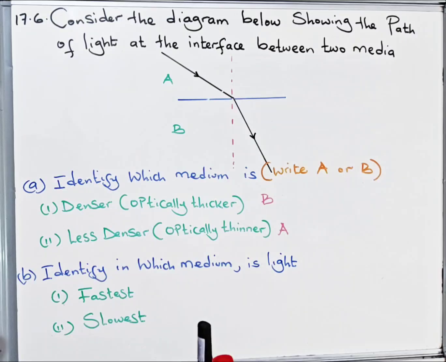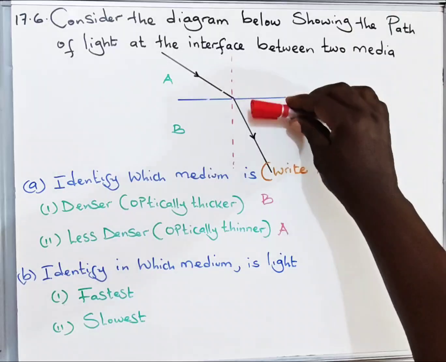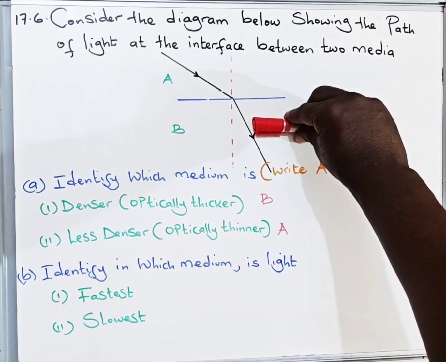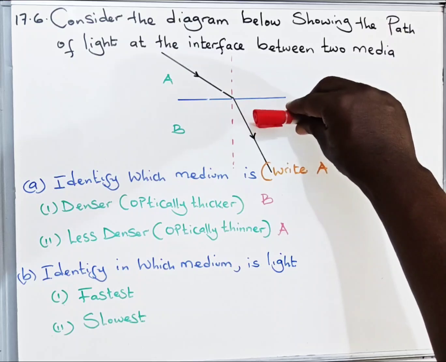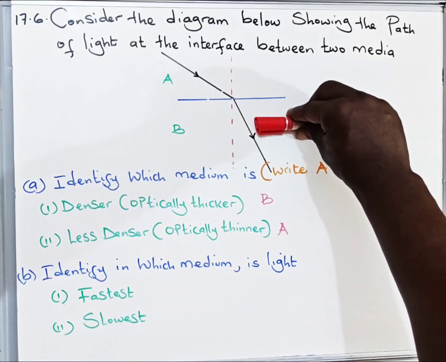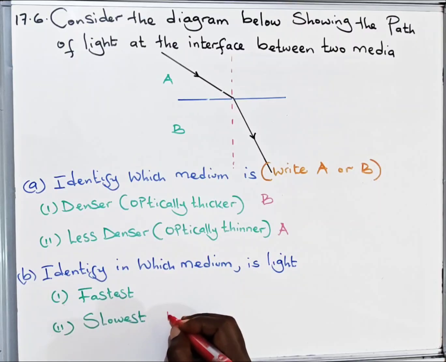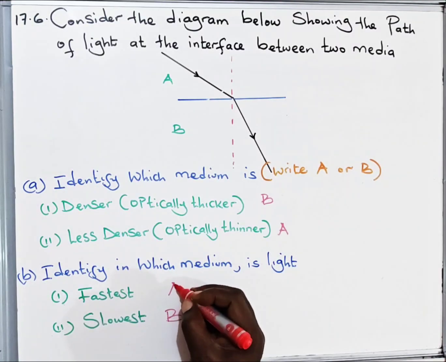We have already established that B is thicker than A. That implies that the speed in B is slowest. So the answer for this is B, and this one is A.